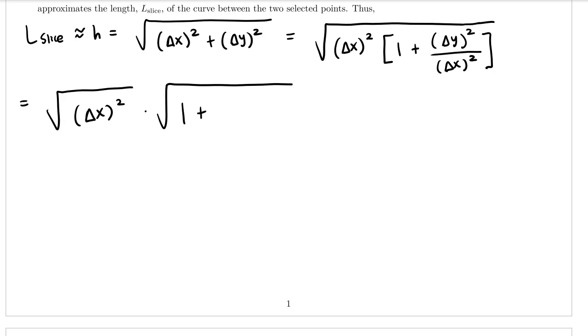And I'm going to go ahead and combine that fraction like this. So I have delta y over delta x quantity squared. And then from here, we can simplify this by removing the square root and the squared.